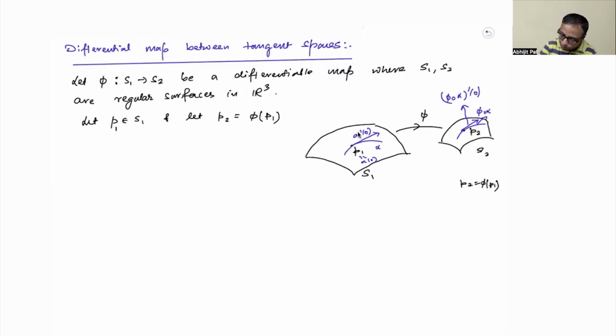Okay. So the differential d phi at the point P1 from the tangent space of S1 to tangent space of S2 at the point P2 is defined as follows.